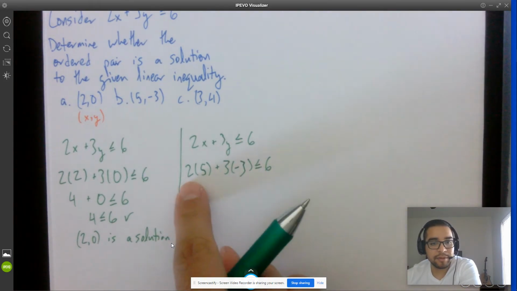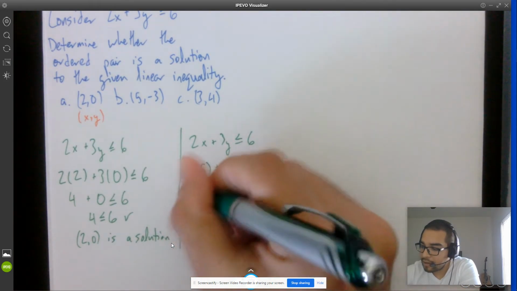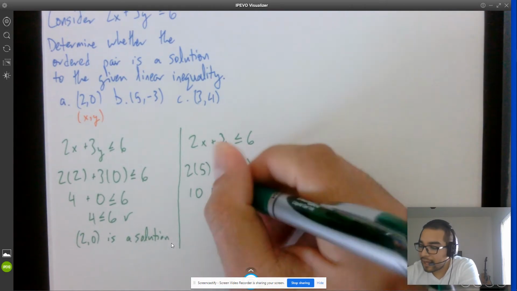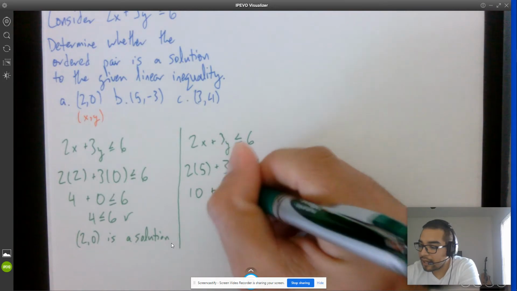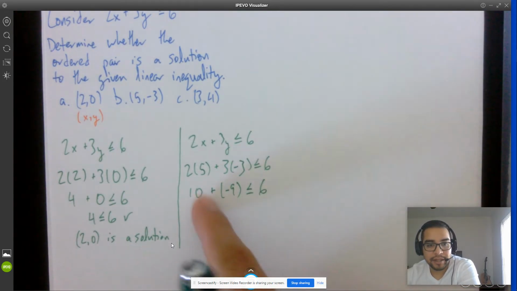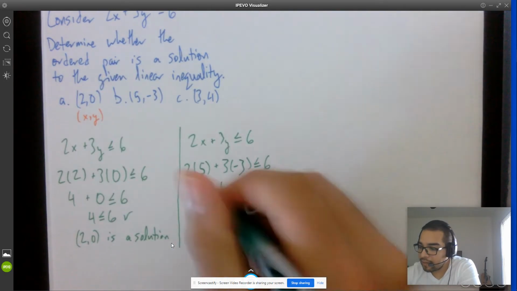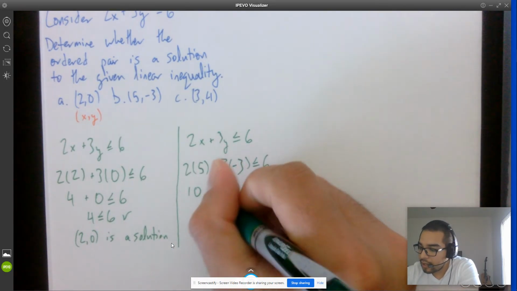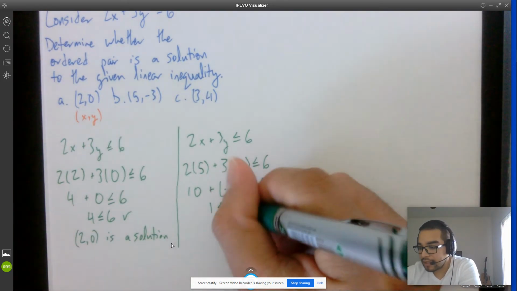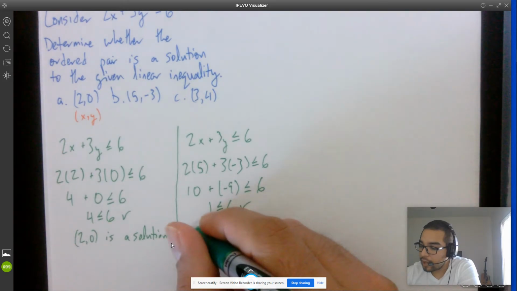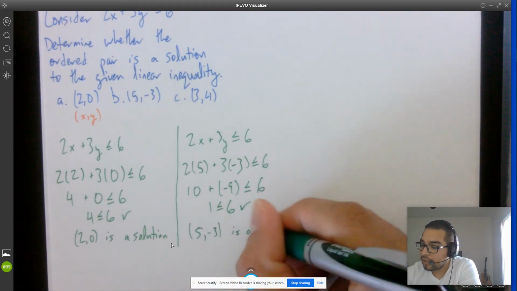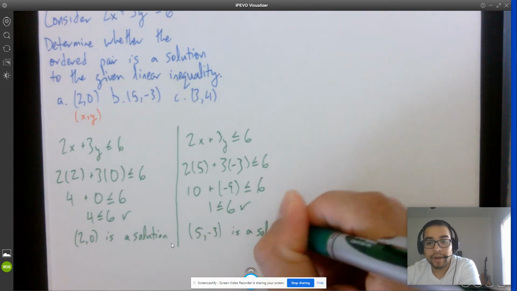Let's simplify. 2 times 5 is 10, plus 3 times -3, that is -9, less than or equal to 6. 10 plus -9 is +1, and that is in fact less than or equal to 6. The statement holds. So in this case, (5, -3) is a solution. Awesome, right?